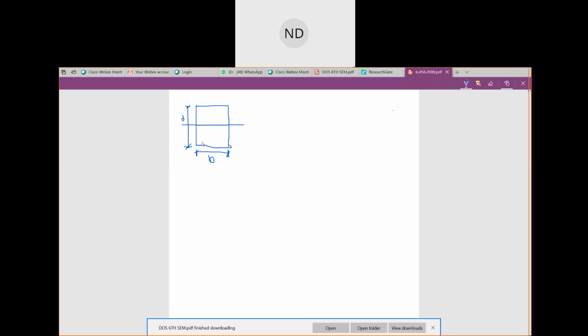So we have the depth of this rectangular section. This is completely rectangular.